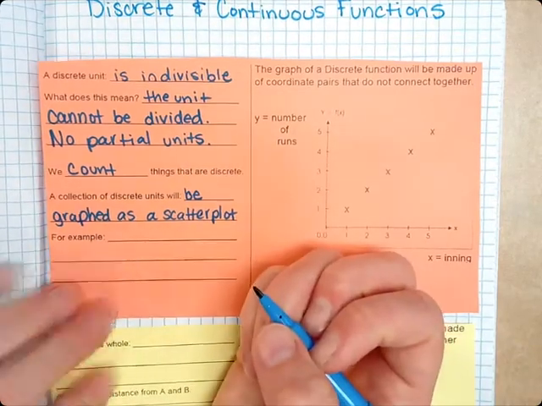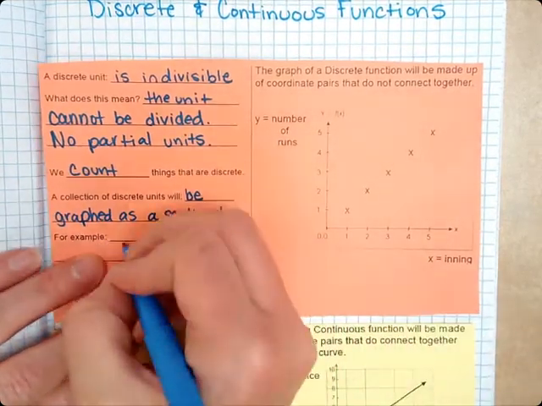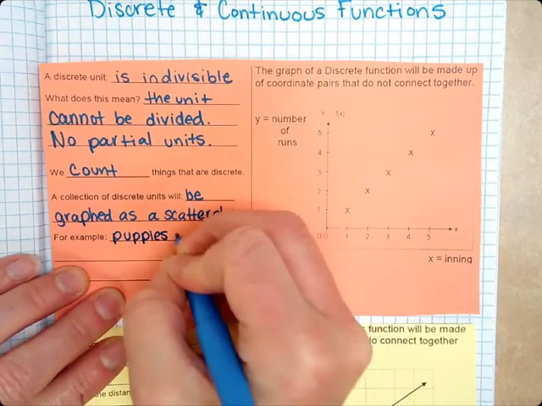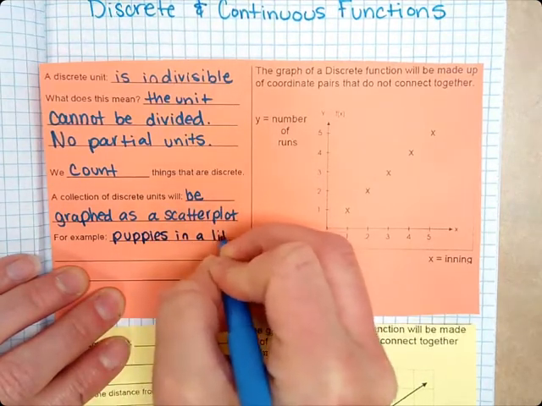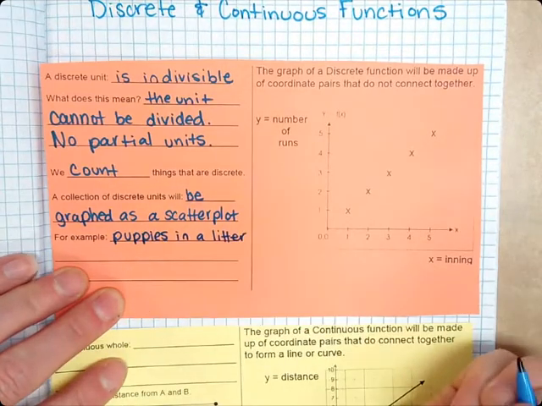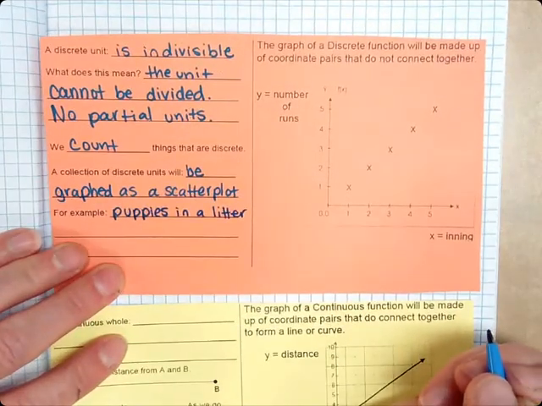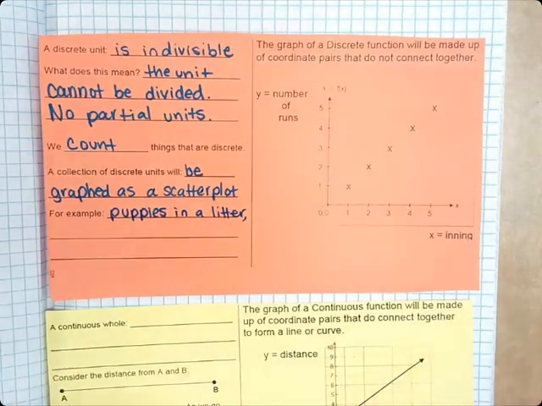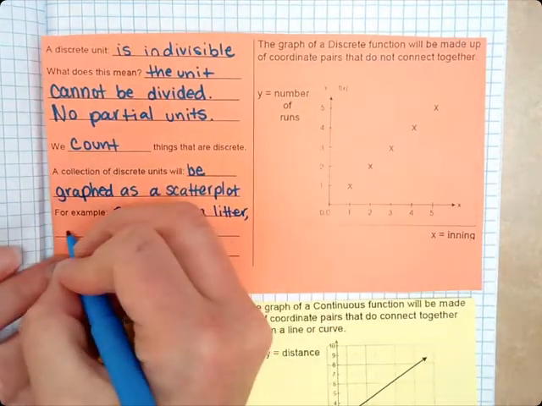For example, puppies born, or puppies in a litter. Or games played.